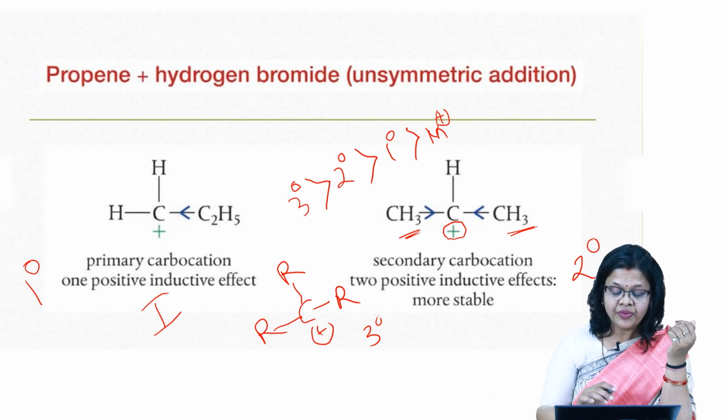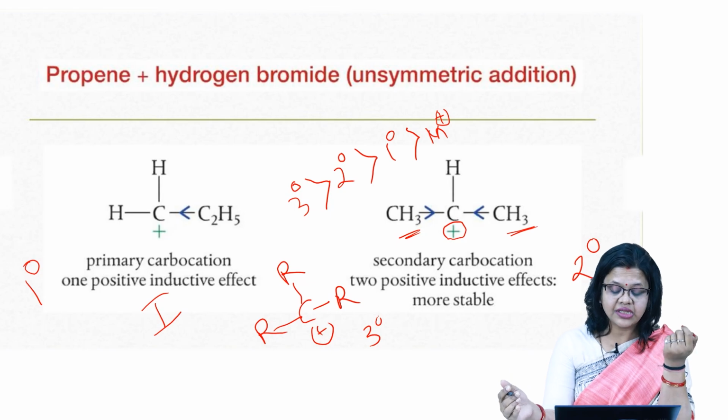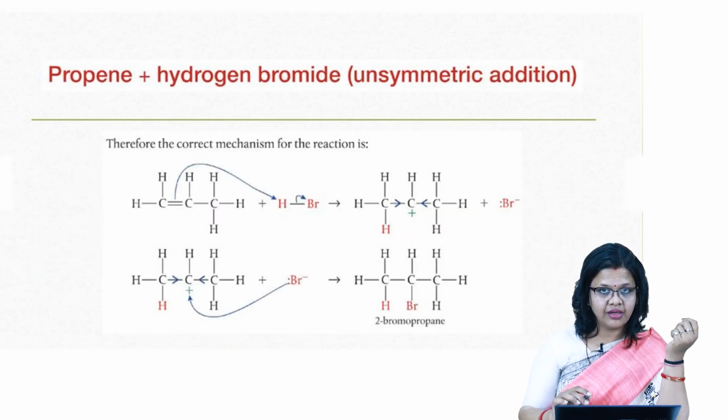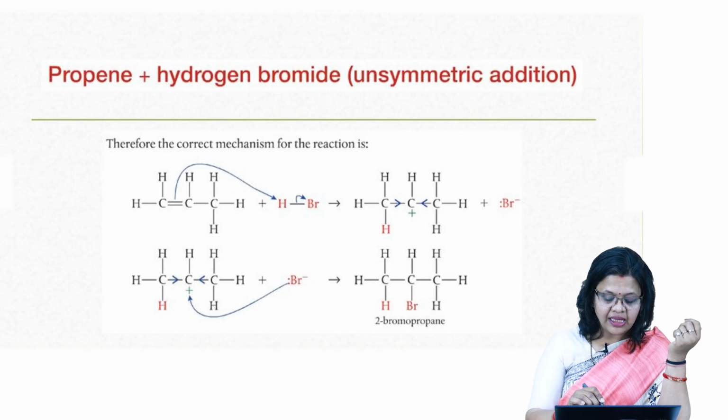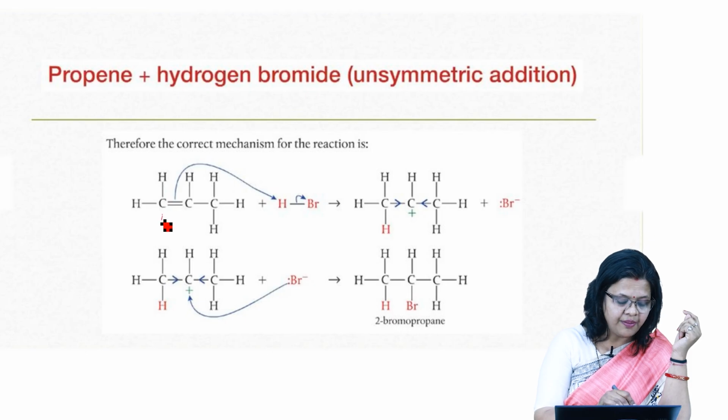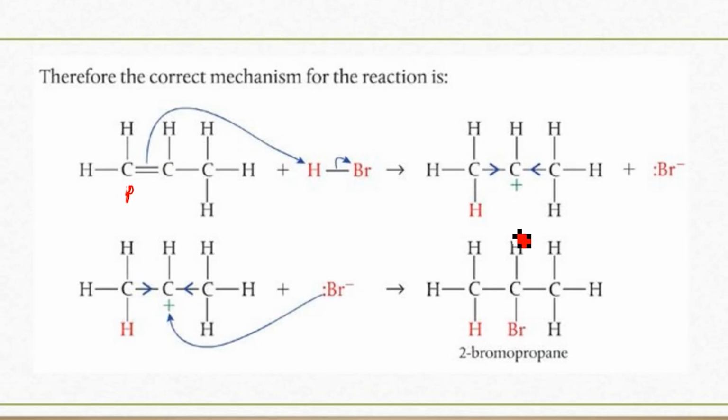Since we know that secondary carbocation is more stable than primary, going back to this reaction, when the hydrogen or the electrophile attaches to carbon number 1, the resulting carbocation is a secondary carbocation. Therefore, this path will be the preferred pathway and the formation of 2-bromopropane will occur.